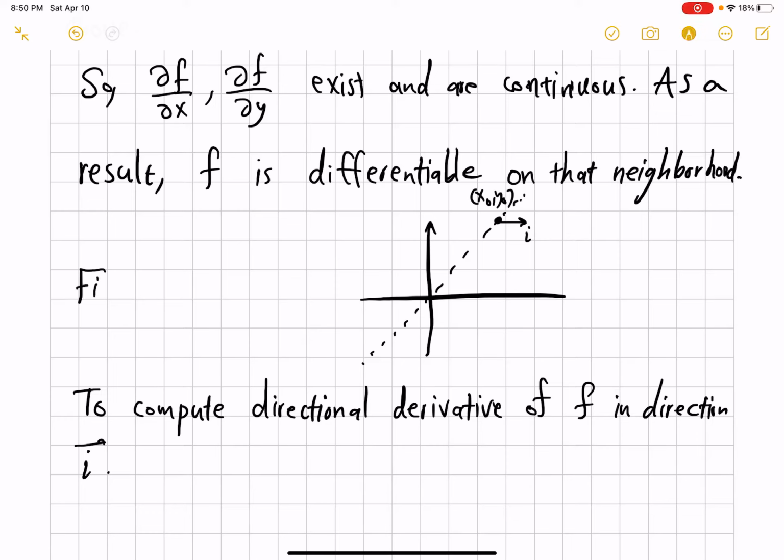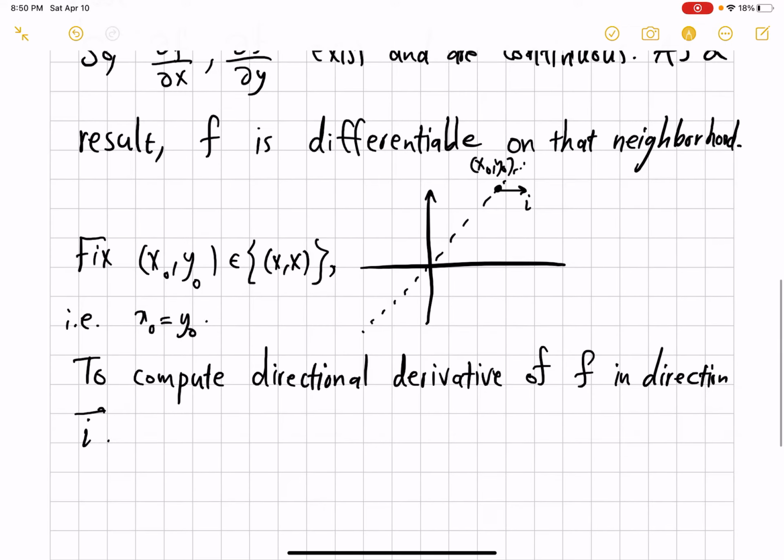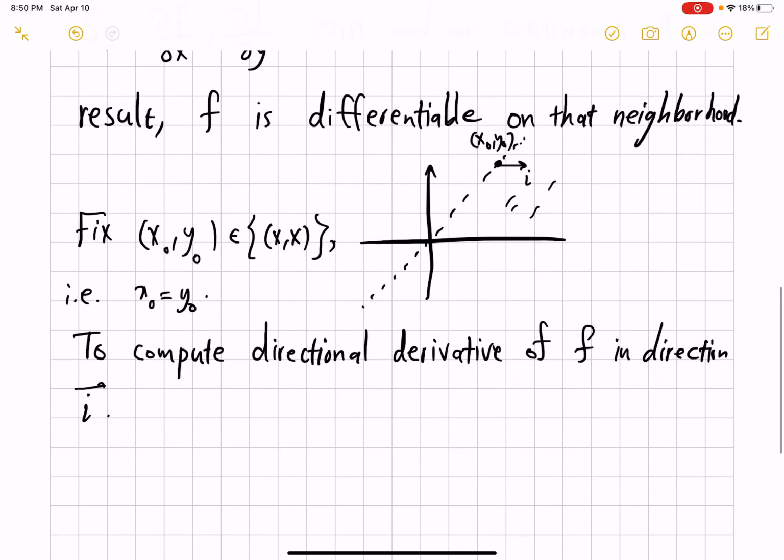So we have fixed x0, y0 on the diagonal, which means x0 equals y0. So to compute directional derivative in that direction, we will use the formula that applies here, because once you move to the right, and because on the diagonal both formulas coincide, you can assume without loss of generality that it's following the formula for this region.